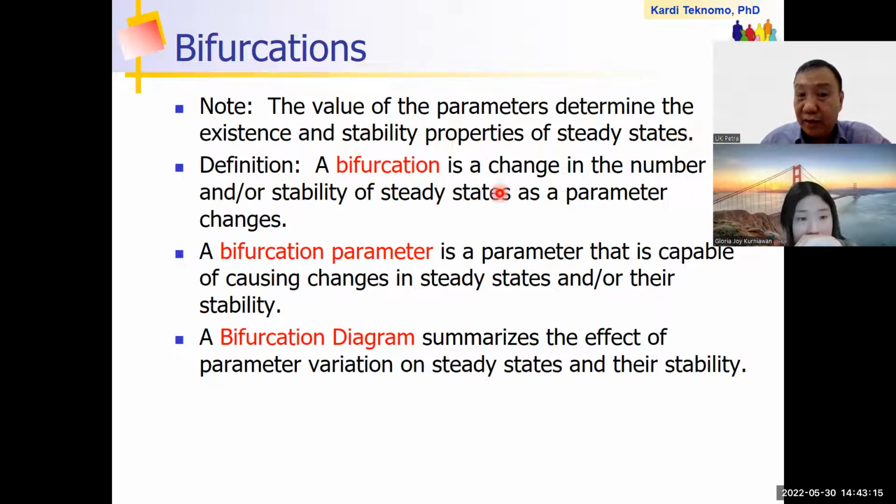So by definition, bifurcation is a change in the number and the stability of the steady state at the parameter change. That means the bifurcation parameter is a parameter that is capable of causing the change, the threshold. So that diagram is just a summary of the effect of parameter variation and the stability.